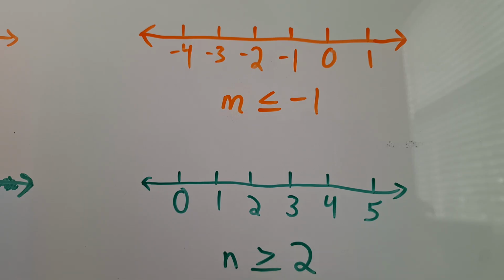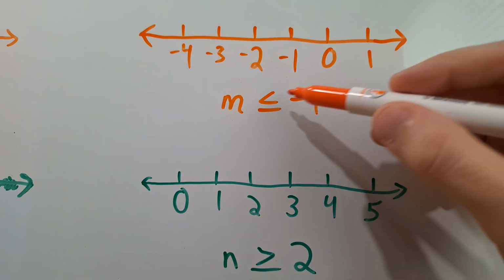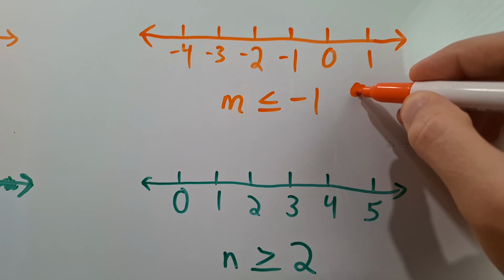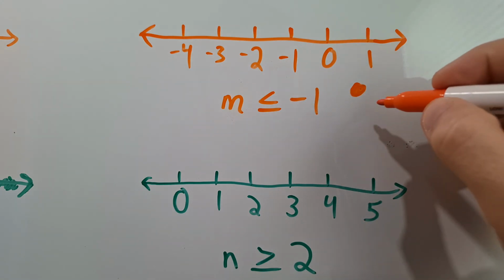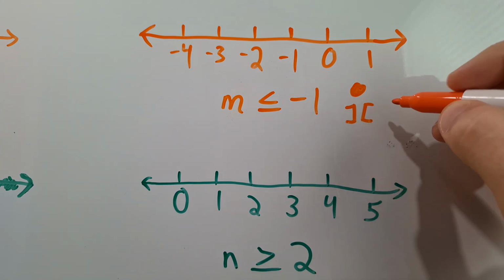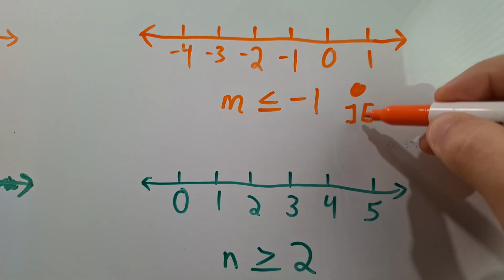The one up top says m is less than or equal to -1. So here, I can use either a closed circle now, because we're talking about inclusion, or I can use a square bracket. Much like the open circle and open parenthesis, you can use either one.